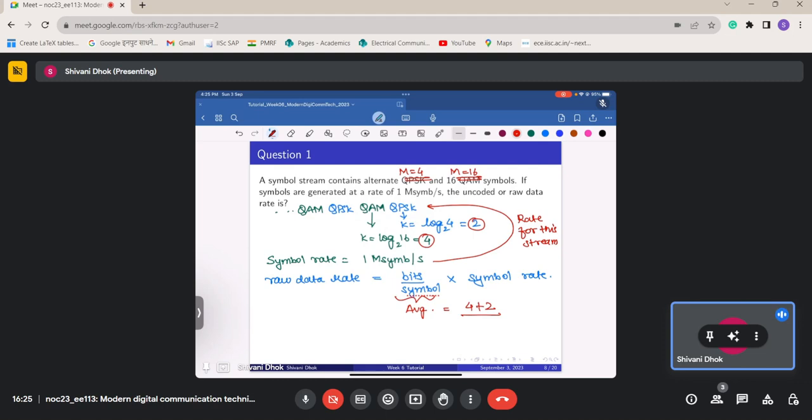Therefore my average bits per symbol will be 4 plus 2 by 2, which comes out to be 3 bits per symbol, and therefore the raw data rate is 3 into 1 mega, that is equal to 3 megabits per second. And this question was asked in GATE 22. Any questions?